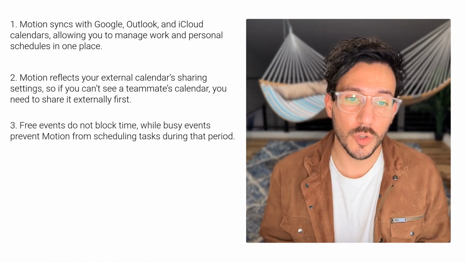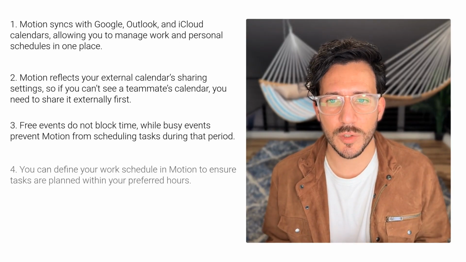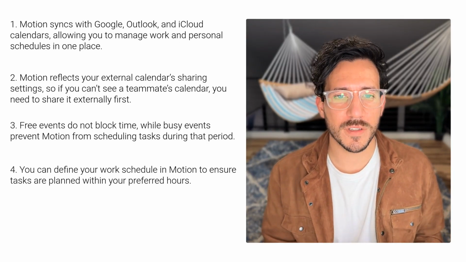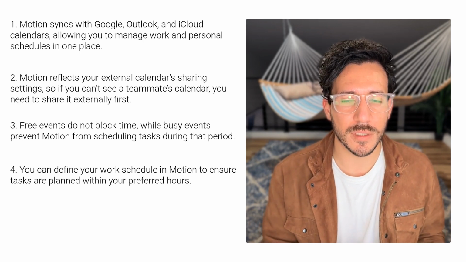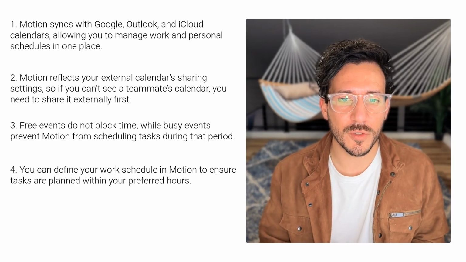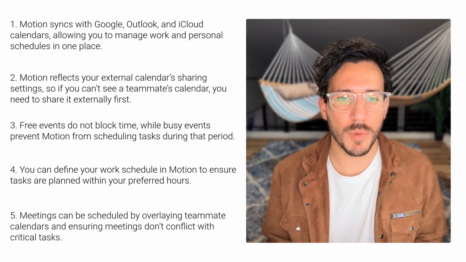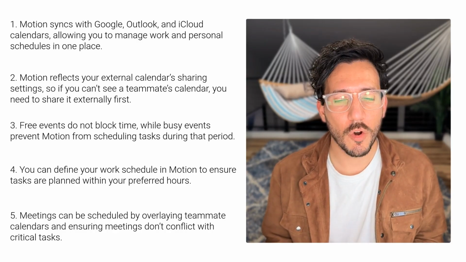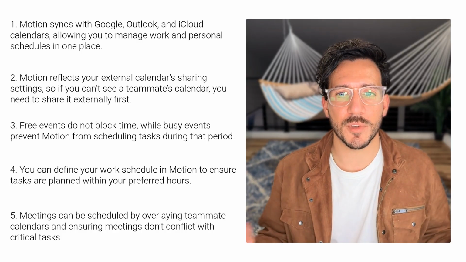Free events do not block time, while busy events prevent Motion from scheduling tasks during that period. You can define your work schedule in Motion to ensure tasks are planned within your preferred hours. You can also define custom schedules if you want to tell Motion to schedule a task at a different time. Meetings can be easily scheduled in Motion via the new button or by just dragging on the calendar and using the scheduling assistant to find time with your teammates.